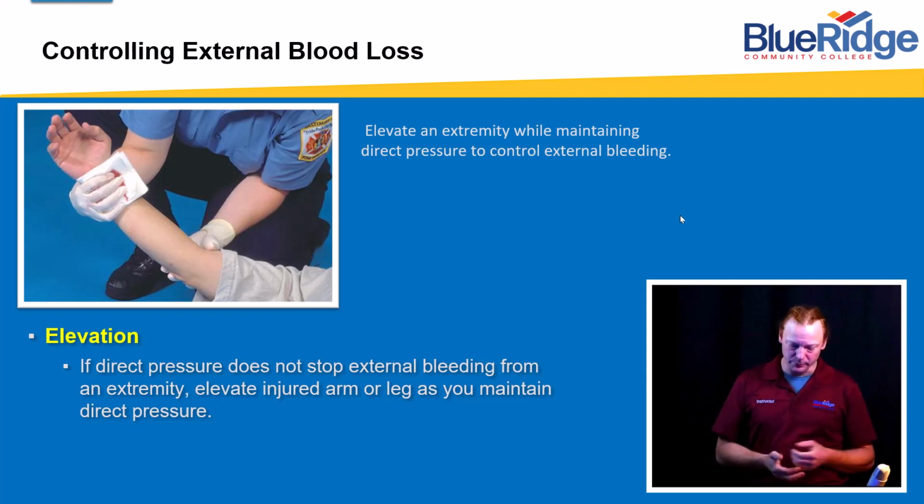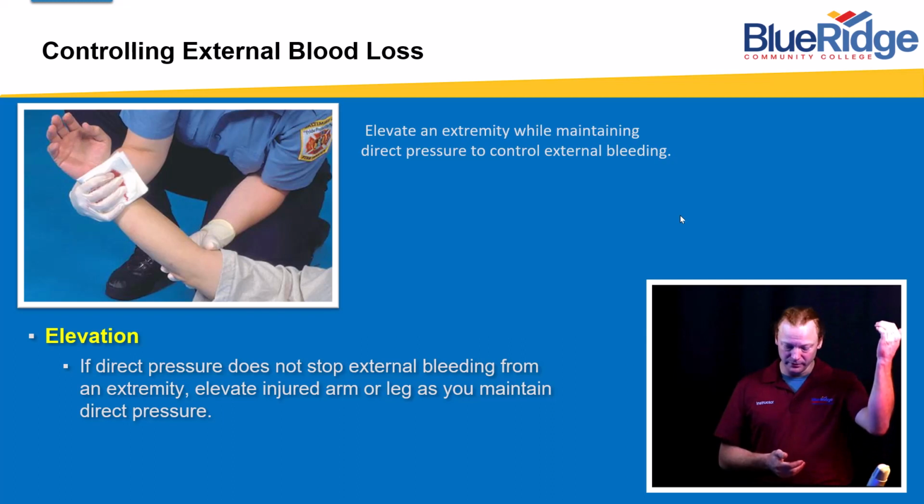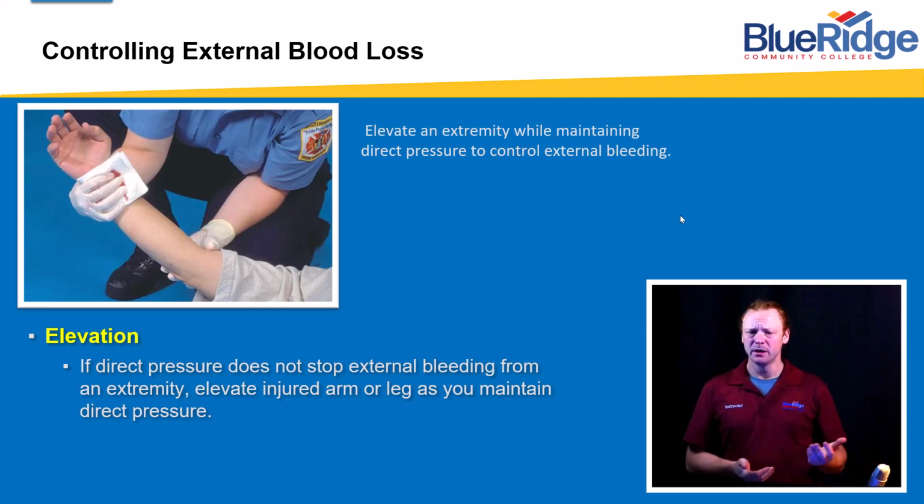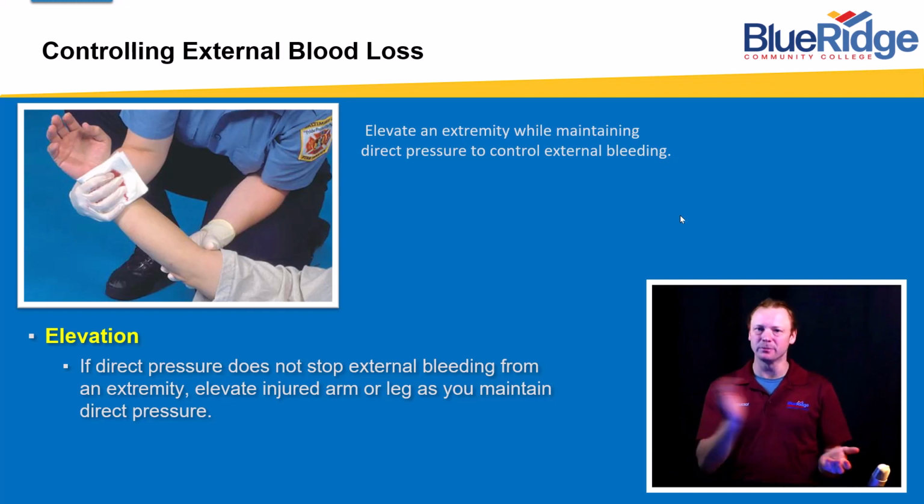If direct pressure does not stop external bleeding from an extremity, you can elevate it as you maintain direct pressure. If it soaks through your bandaging, just apply more bandaging on top of it. If it gets to the point where it becomes ridiculous and you've got 2 feet of bandages, then you probably should have used a tourniquet in the first place.